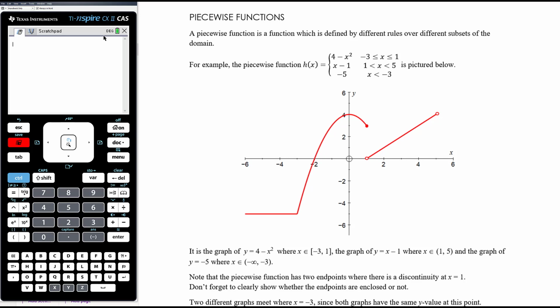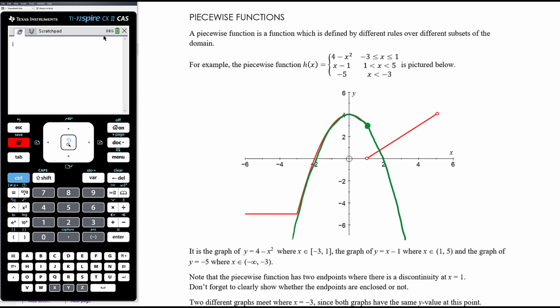If you're sketching a graph of this nature, it is really just sketching three different graphs in one. So you're looking at the graph of 4 minus x squared, which is a parabola translated up by 4, x-intercepts at plus or minus 2, but you only want to look at that graph from negative 3 to 1 inclusive.